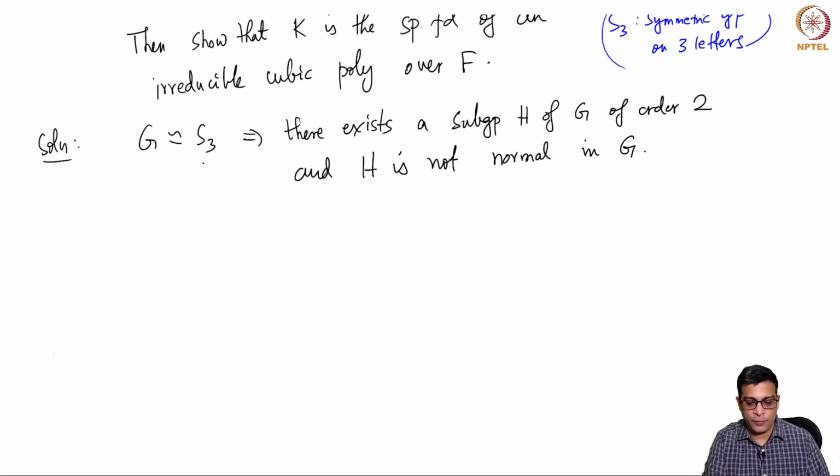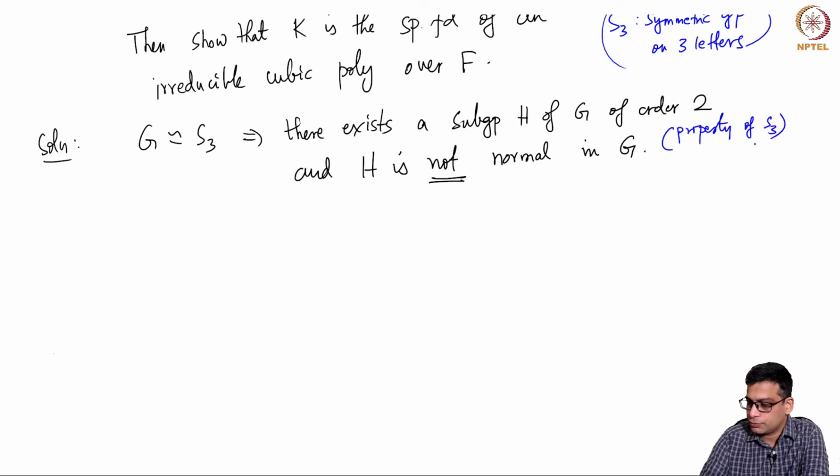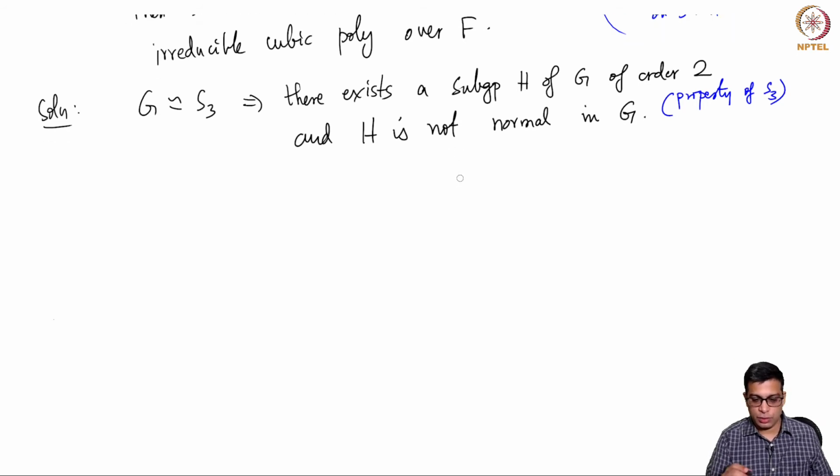Of course, any group of order 6 will have a subgroup of order 2. For that you don't need S3, but you need S3 to conclude that it's not normal in G, because S3 will have elements of order 2. Any element of order 2 you take, the group generated by that will be a group of order 2 and it's not normal. So this is a property of S3. Okay, so let's call that H.